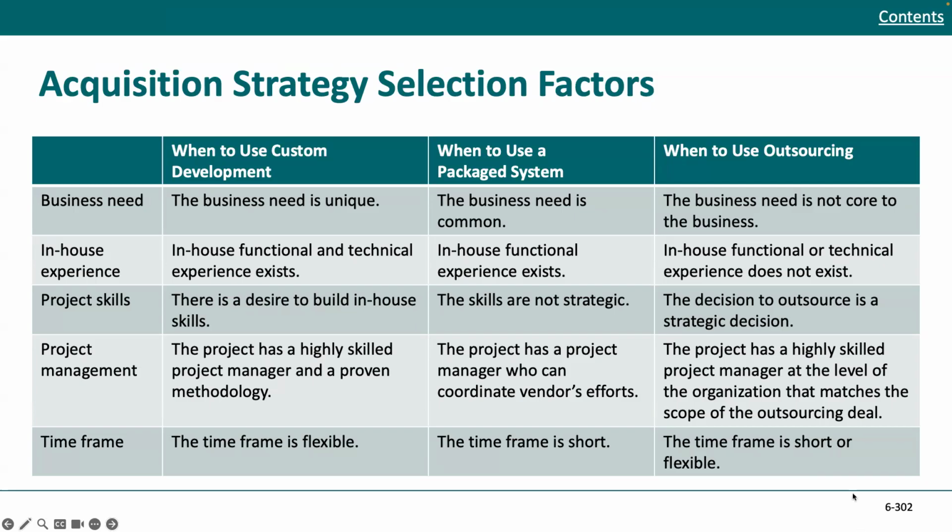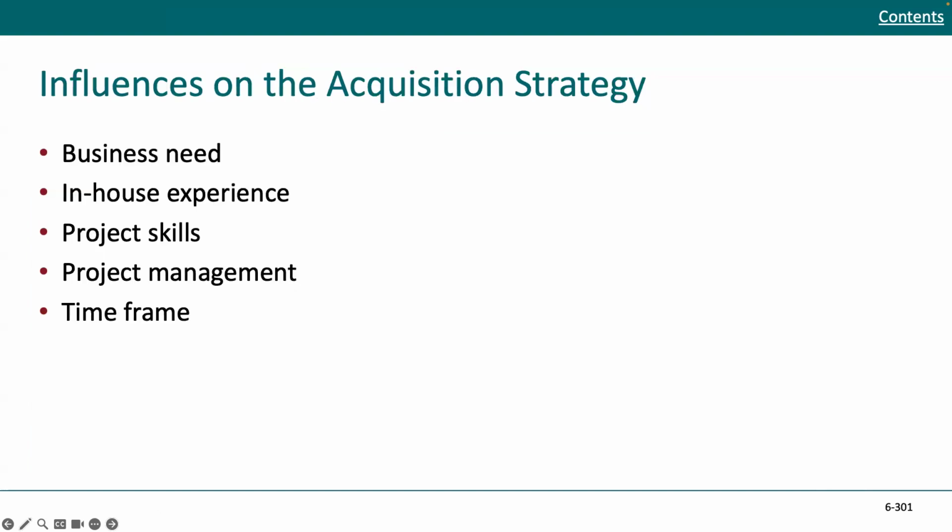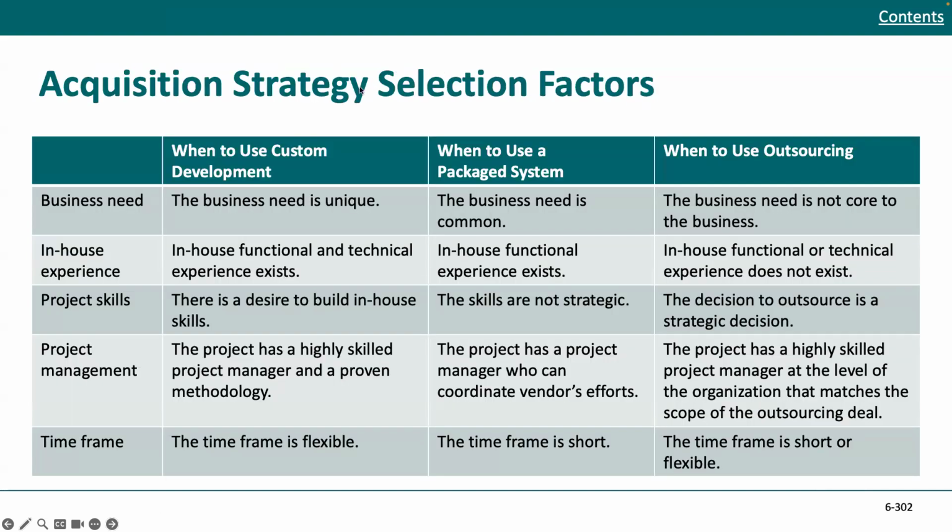And so your selection criteria, you can be thinking of the business needs, the in-house experience, project skills, project management, and time frame. We saw all these listed here. Now we're getting into more details: when to use custom development, when to use a package system, and when to use outsourcing.